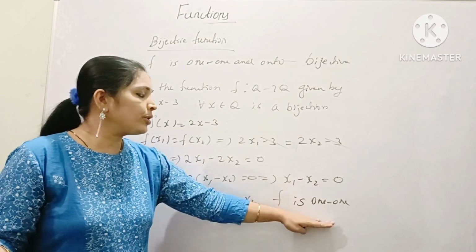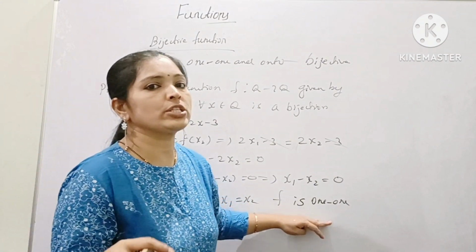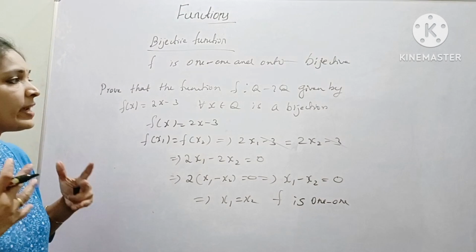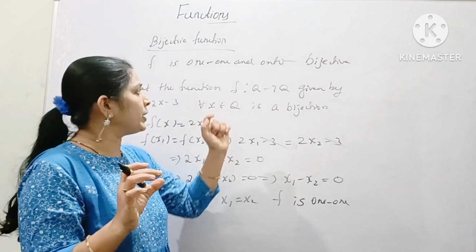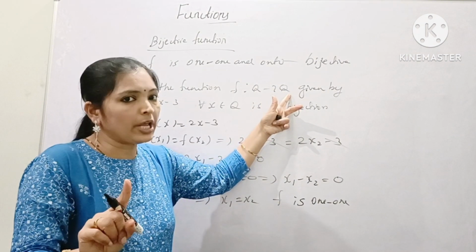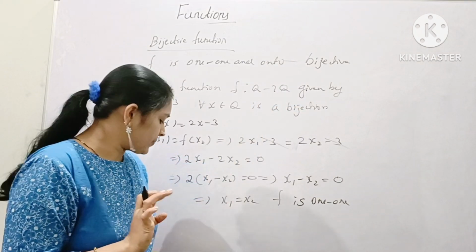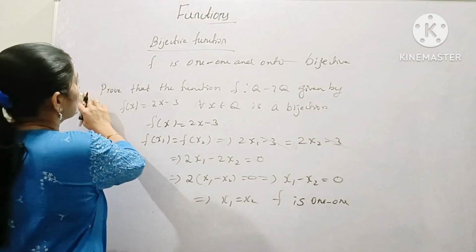We have proved the given function is 1-1, and next we have to prove the given function is onto. So what is an onto function? Every element of the codomain has a pre-image in the domain. Now, how to prove?